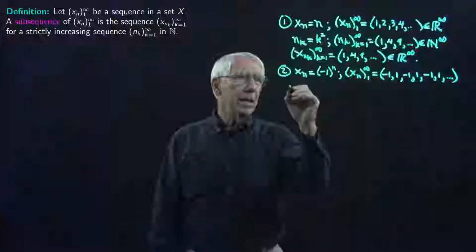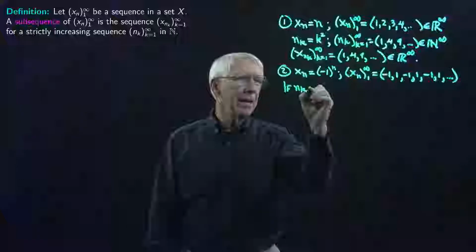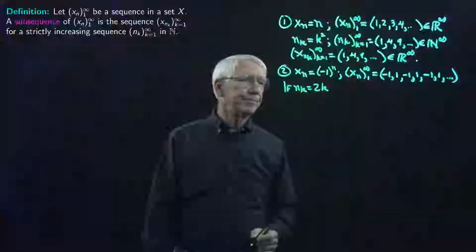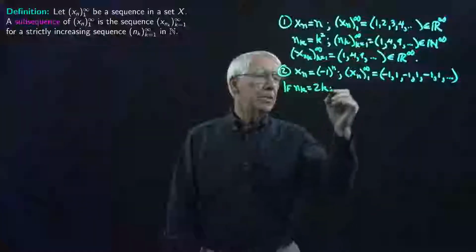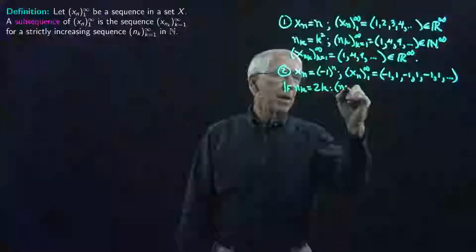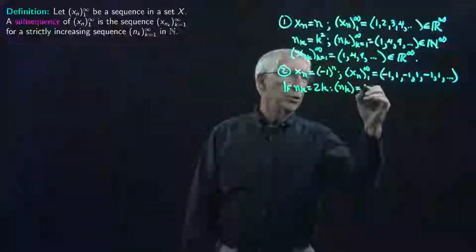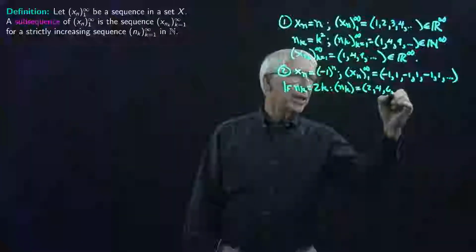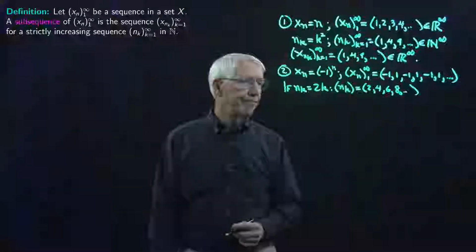Now let's say n sub k is 2k. Then the sequence n sub k is equal to 2, 4, 6, 8, and so on.